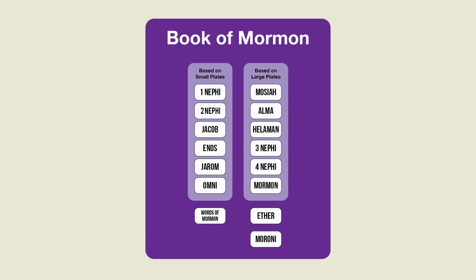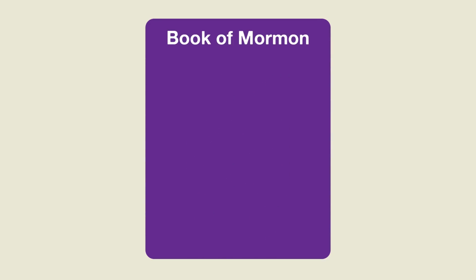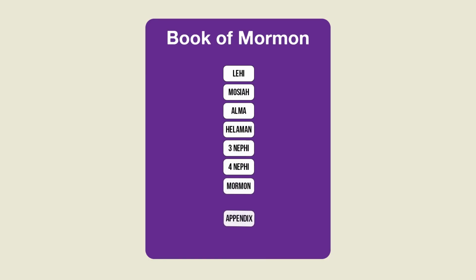Now, an interesting thing happened when Joseph Smith was working on the Book of Mormon. His helper lost the first 116 pages. One theory is that the Book of Mormon was originally supposed to look like this, with the lost 116 pages being a section of the large plates called the Book of Lehi.